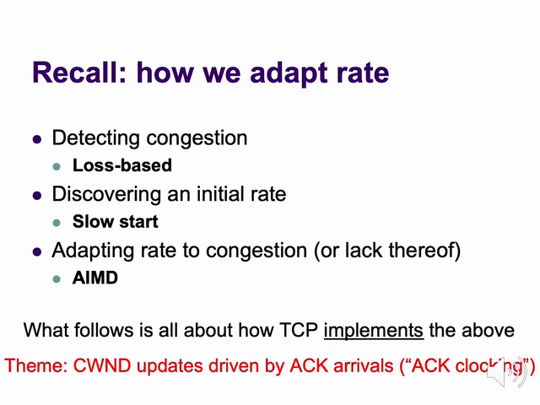Okay, so that was ACK clocking, and as you'll see, all of TCP's implementation is geared around this notion of clocking out data packets by using the rate at which acknowledgements are coming in.